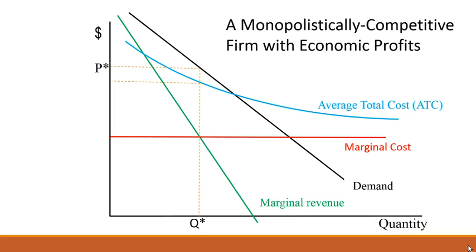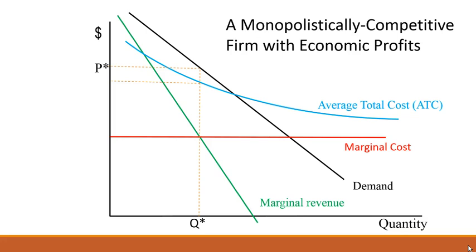This particular illustration is applicable to a monopolistically competitive firm because in this kind of industry, each firm has some market power. It's got the ability to set the price for its product because it's differentiated its product.